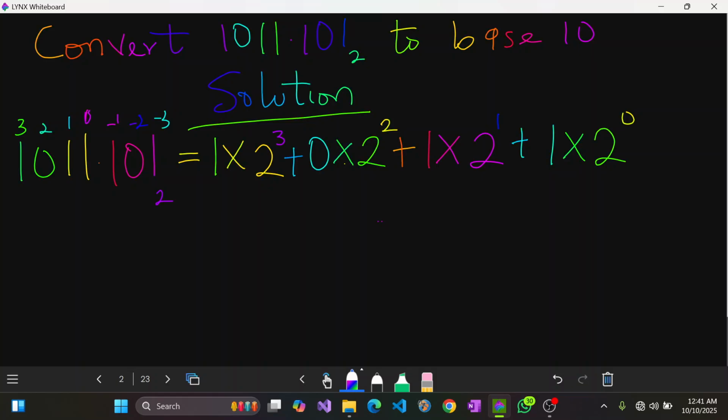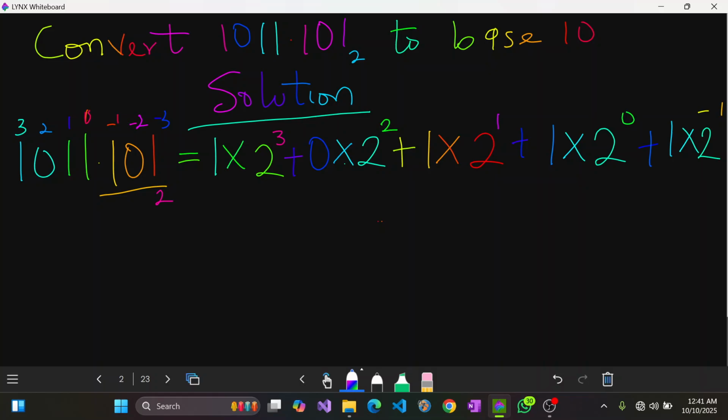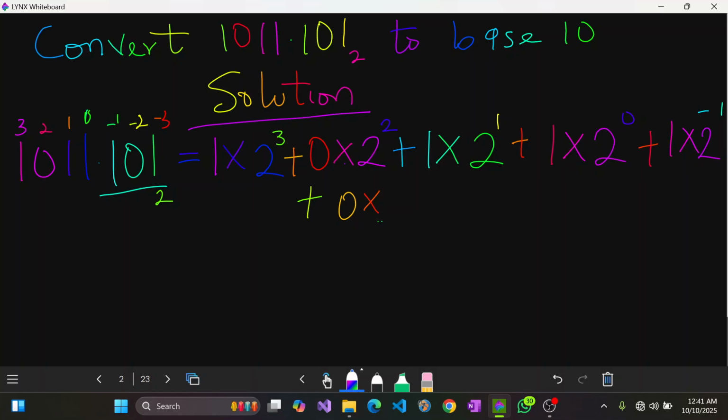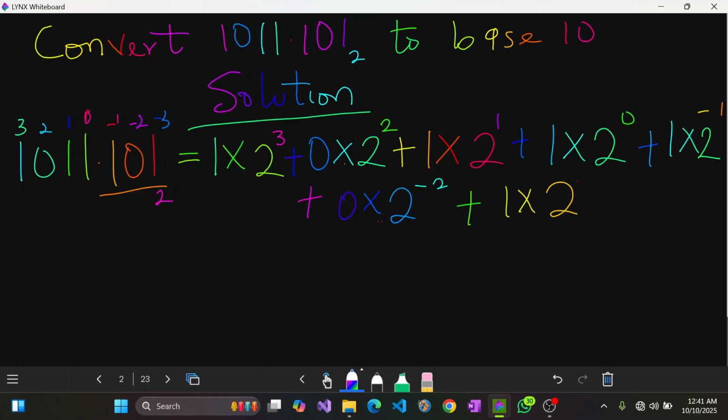Then for the other side, we have plus 1 times 2 raised to the power of -1, plus 0 times 2 raised to the power of -2, plus 1 times 2 raised to the power of -3.